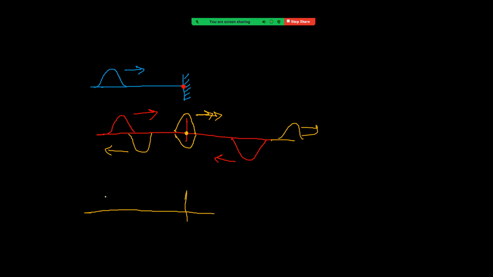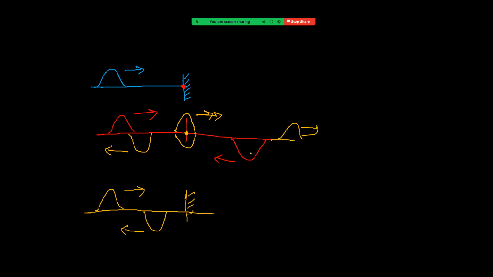Before reflection, the shape of the string, the pulse, was moving to the right side. After reflection, it will be inverted. This can be taken as a combination of a pulse moving towards the right side and a pulse moving towards the left side.